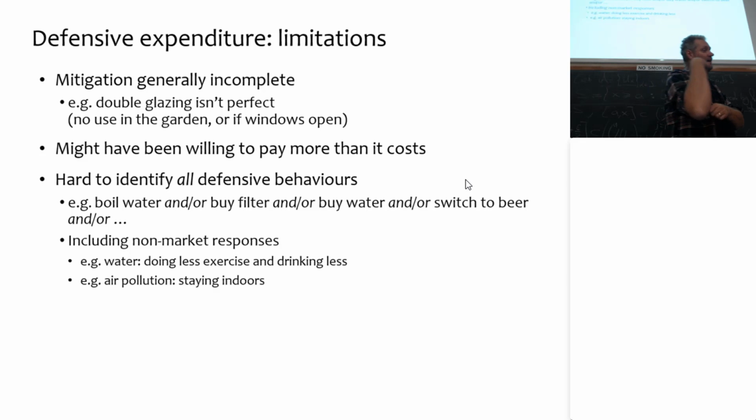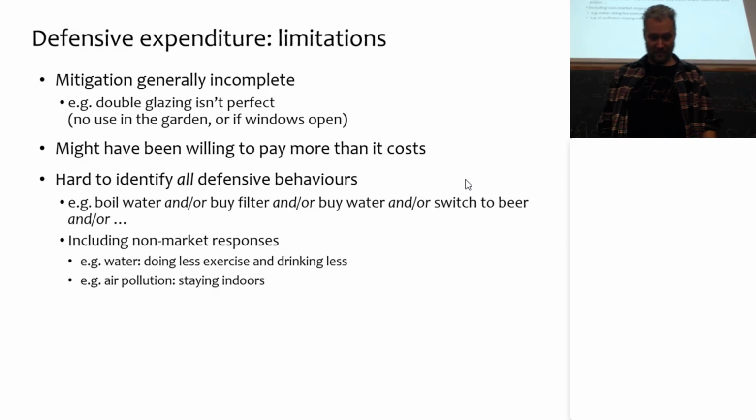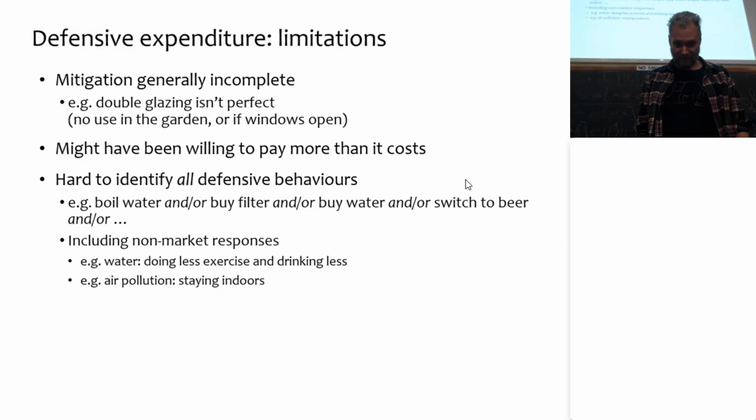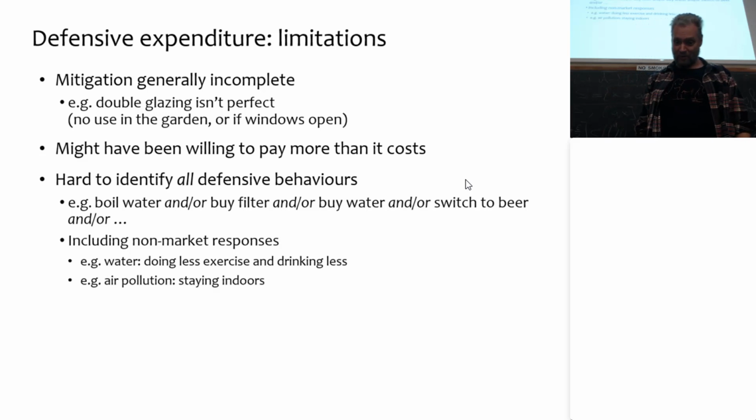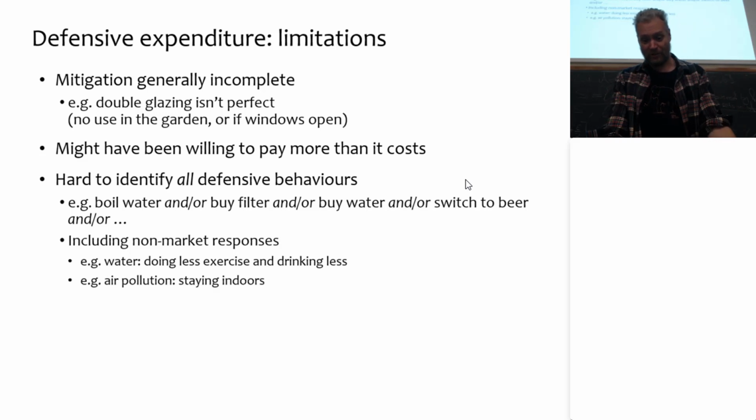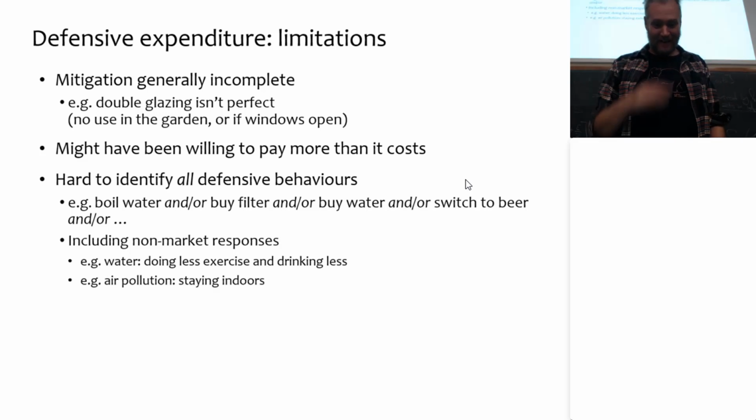And it is hard to identify all defensive behaviors. And some people may be doing multiple things, or maybe doing different things at different times of the day, right? They may boil their water while they're in their home, but buy water when they're going shopping or something, to drink while they're going shopping, right? Obviously, they went shopping when they bought the water.